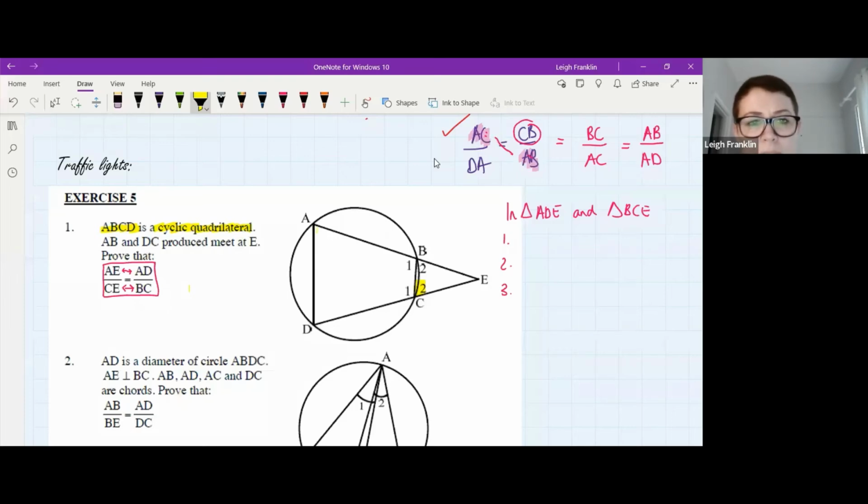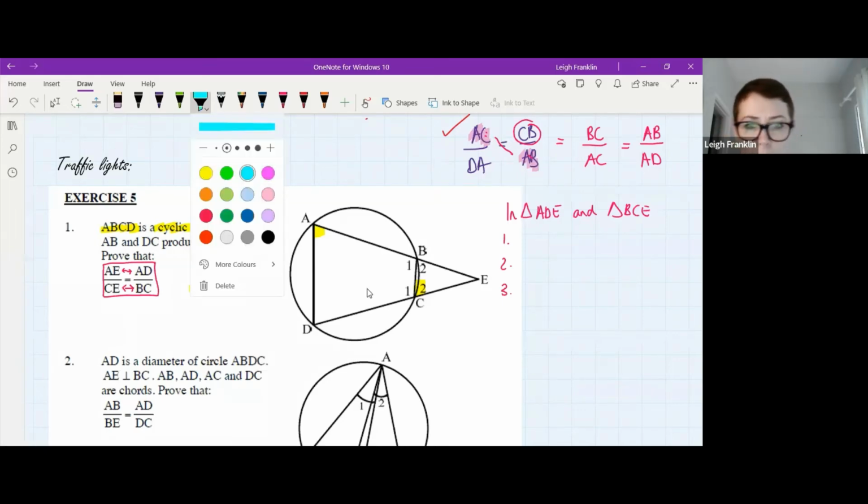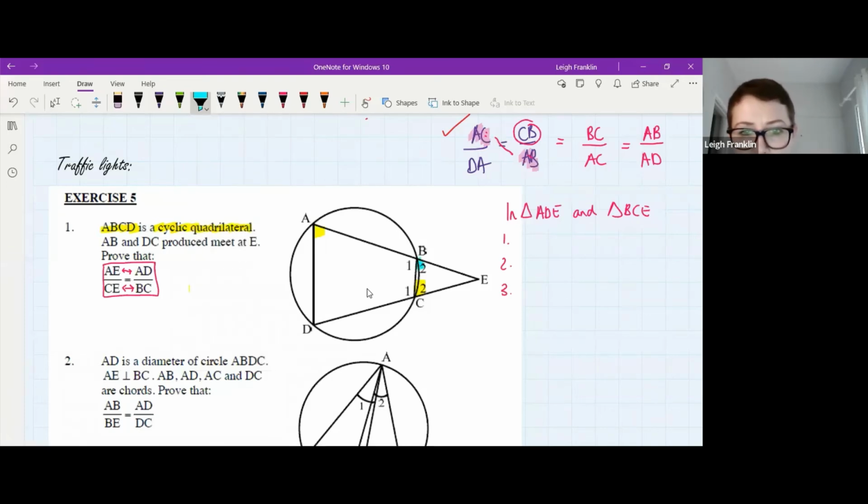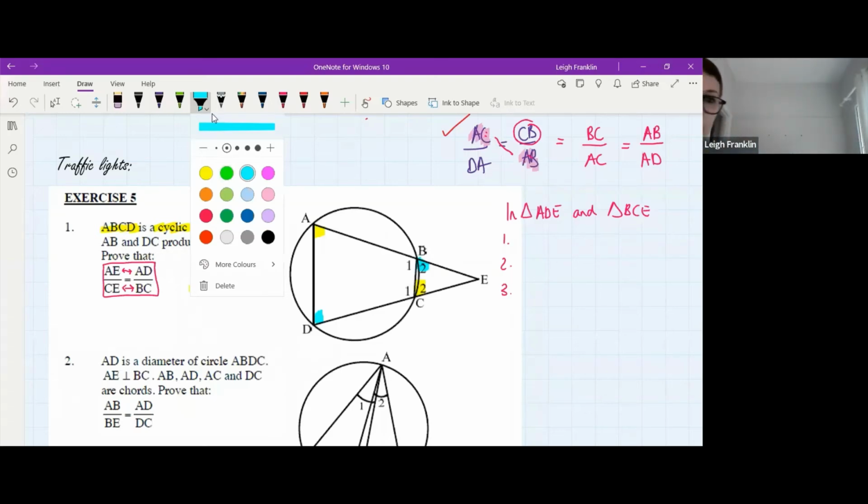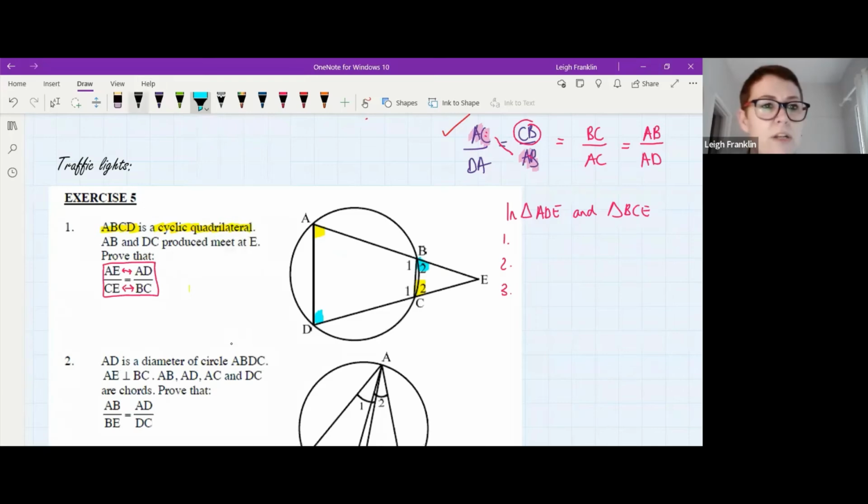It is equal to the opposite interior angle, so it will be equal to A. Similarly, angle B2, which is also an exterior angle of the cyclic quad because side AB has been produced to E, will be equal to angle D. What can we say about angle E? That is a common angle. It means it is shared. It is in both.